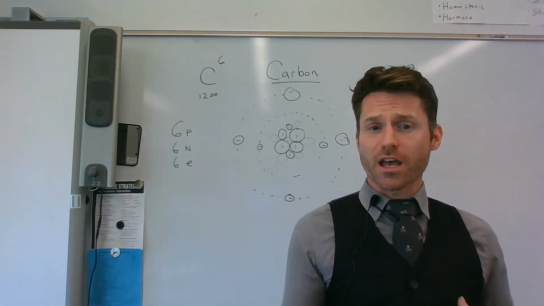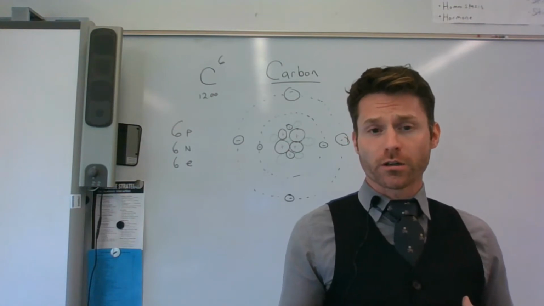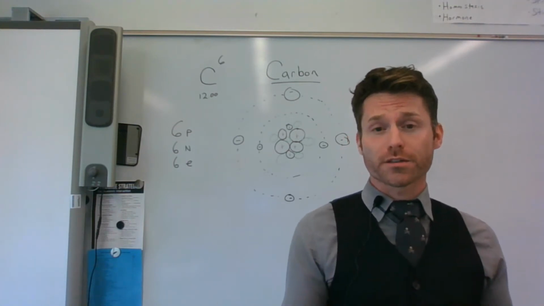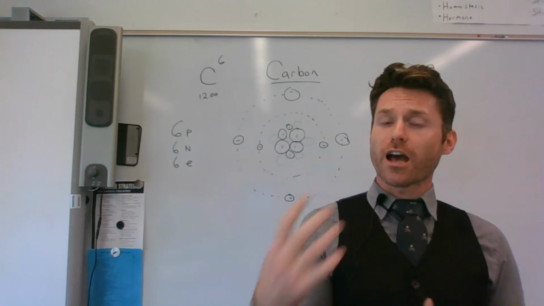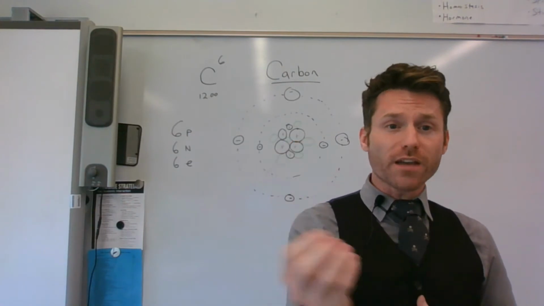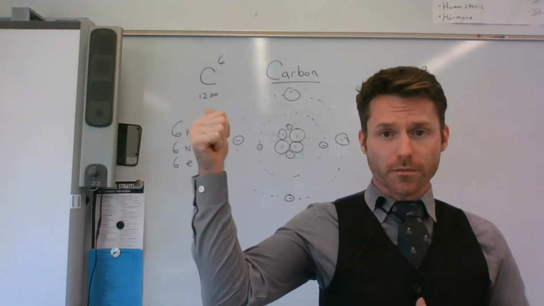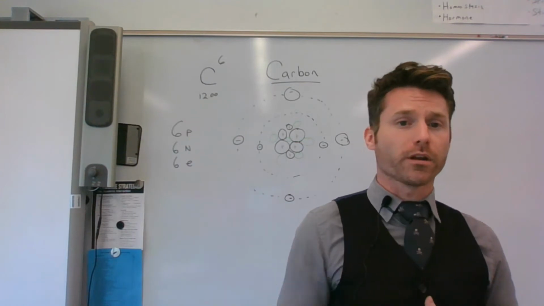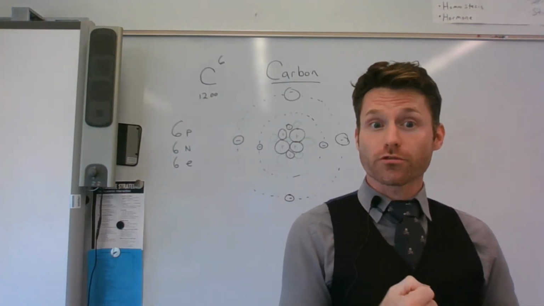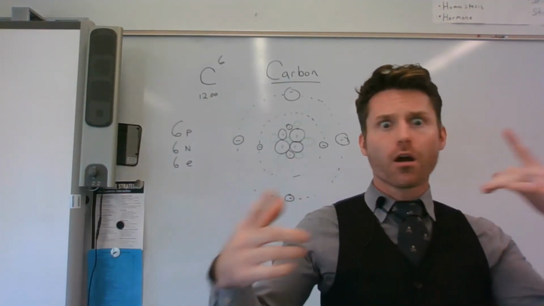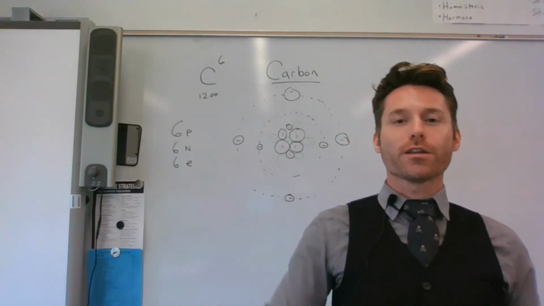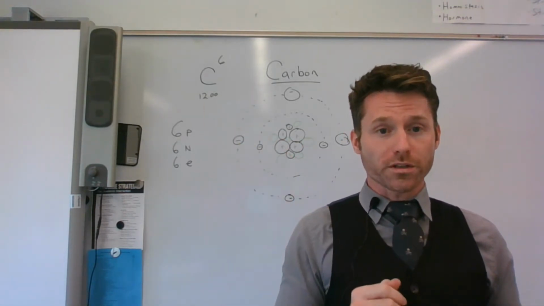Now, some carbons have an extra neutron. Some carbons have an extra 2 neutrons. If a carbon had 7 neutrons, its mass would be 13. If it had 2 extra neutrons, so it had 8 neutrons, the number would be 14.